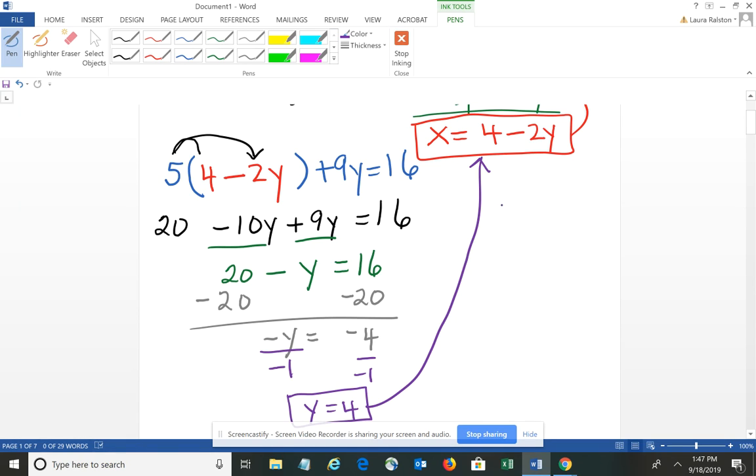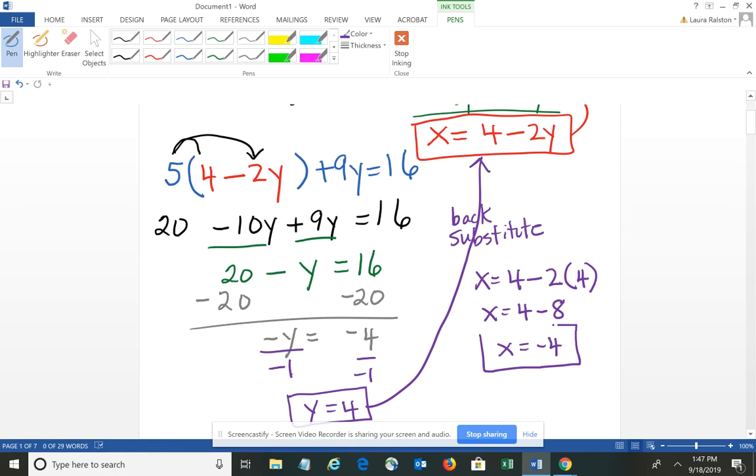I'll call it back substitute. So I would have x equals 4 minus 2, and the y value is 4. So I have x equals 4 minus 8, so x is negative 4.